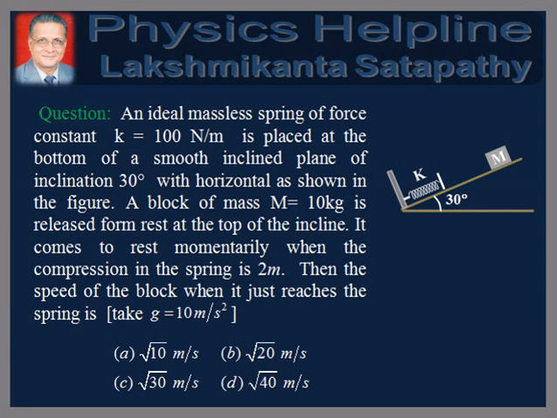Take acceleration due to gravity g equal to 10 meters per second square. The options are root 10 meters per second, root 20 meters per second, root 30 meters per second, and root 40 meters per second.